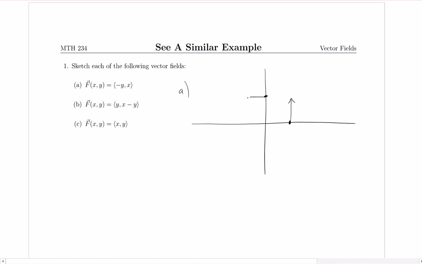So that points straight to the left with length 1. If we plug in (minus 1, 0), we get (0, minus 1). So it points straight down with length 1. And if we plug in (0, minus 1), we get (1, 0), which points right with length 1. And similarly, if we go out distance 2, we get the same things, but just twice as long.